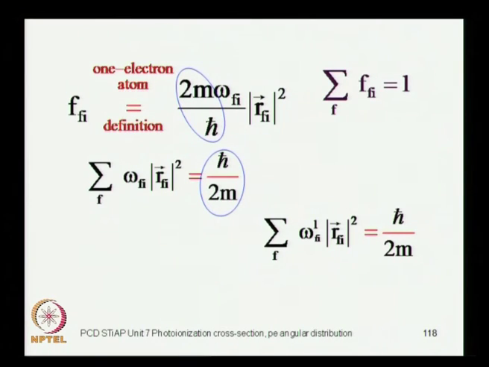I am making all of us conscious of the fact that this is the first power of omega, and you can construct such summations for other powers of omega as well, like omega square, omega cube, omega to the power n, and there are several other sum rules which I will not go into the details of in this course, but there are a large number of sum rules.